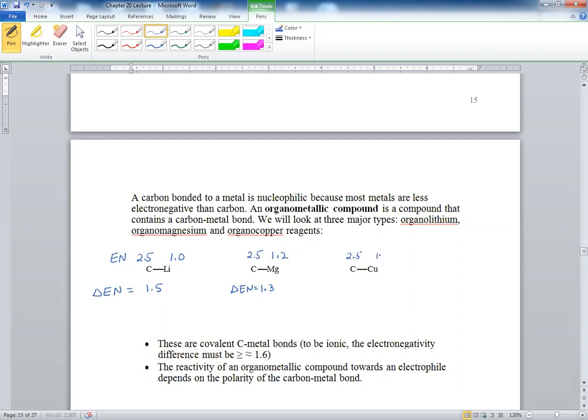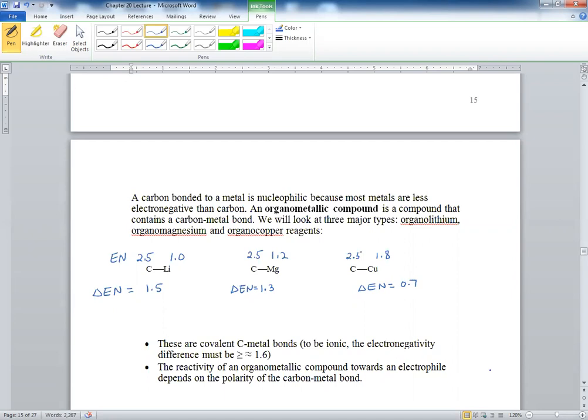But copper is 1.8, so it's more electronegative than the previous two. And that gives us a difference of 0.7.